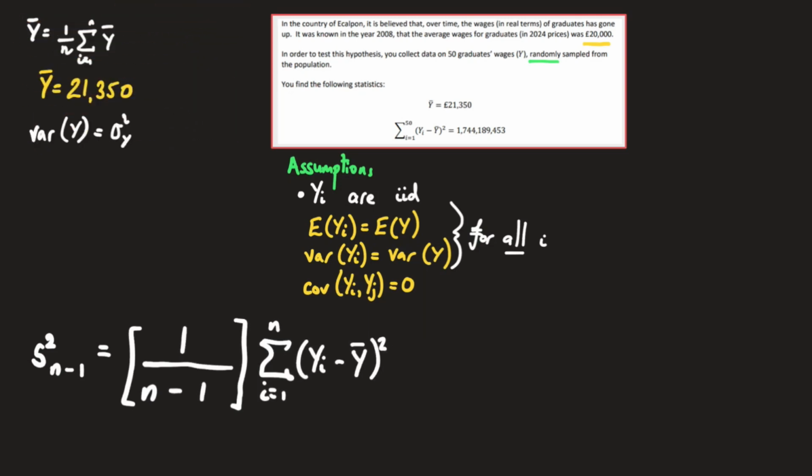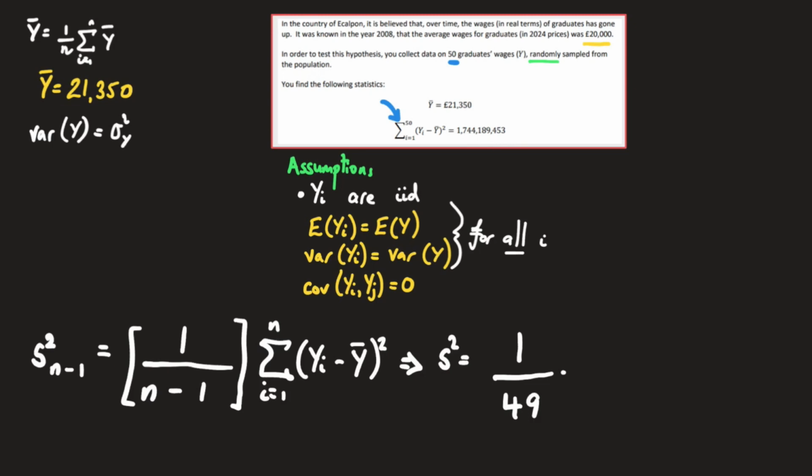Now, we're told what the sum of the y minus y bar squared is in this example, and we know that there are 50 observations, so we can construct an estimate of the variance of y as being equal to 1 over 50 minus 1, or 1 over 49, times the sum of the y minus y bar squared, or 1,744,189,453.